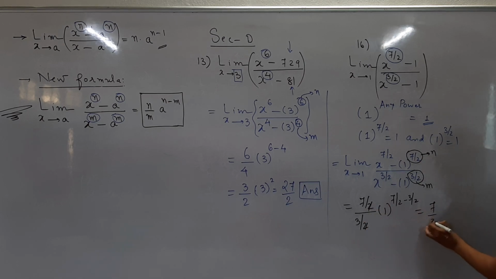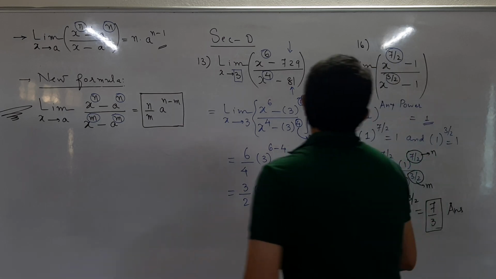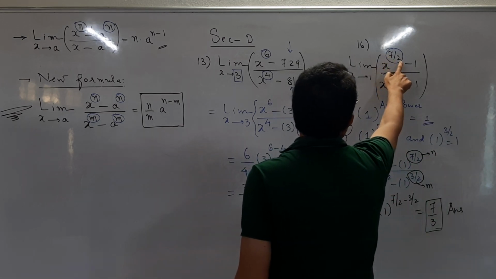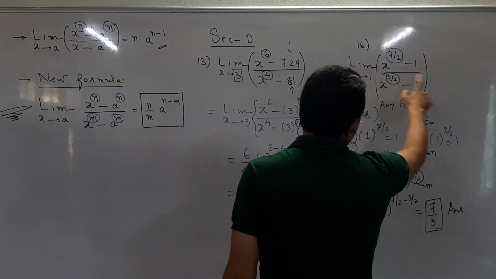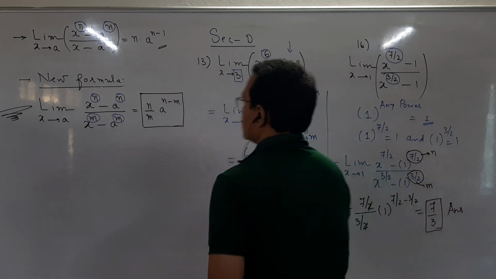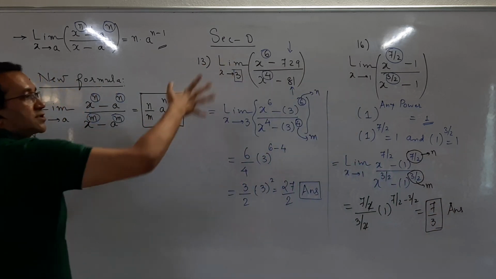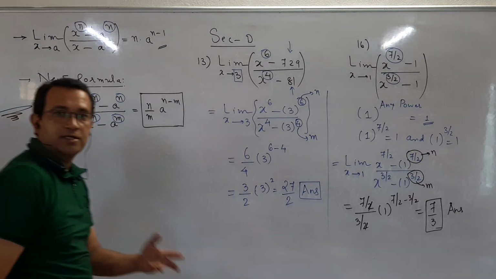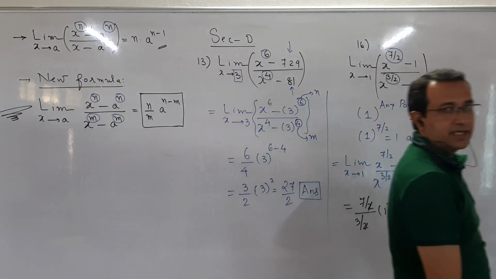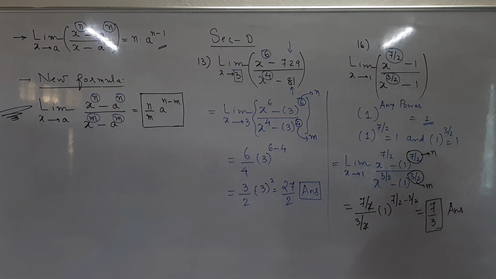So the answer is 7 by 3. Now you can develop a shortcut. If this was 17 by 2 and if this was 13 by 2, the answer would be 17 by 13. You can make any number of sums based on this, students, with your shortcut. You can easily apply the concepts. So this is the advantage.